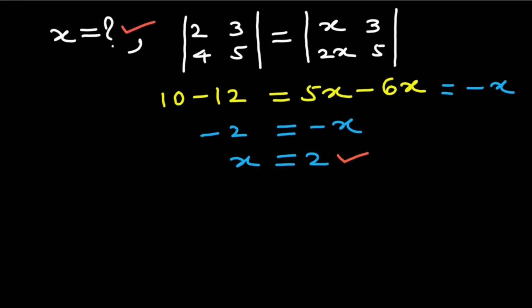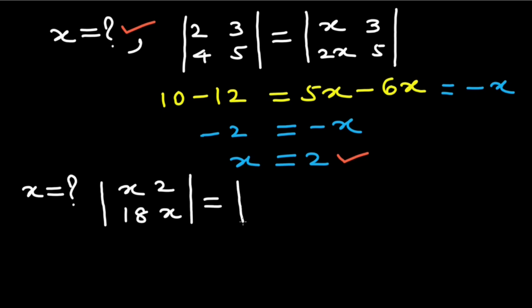Next, we also have to find the value of x if determinant x, 2, 18, x equals determinant 6, 2, 18, 6.